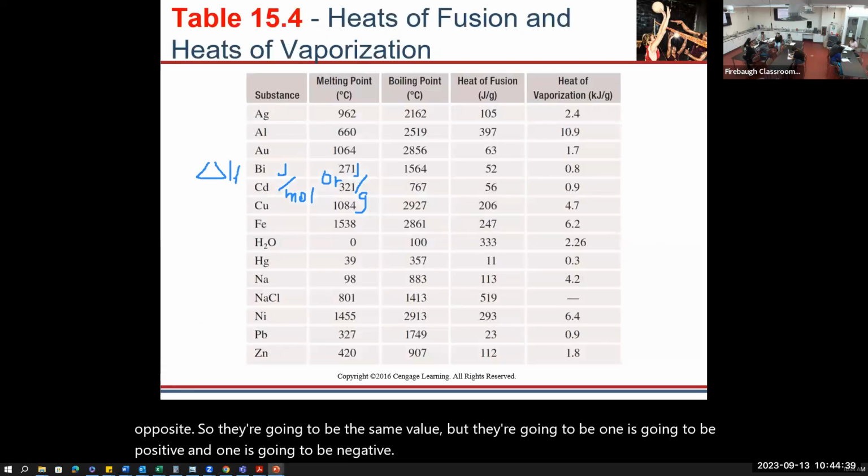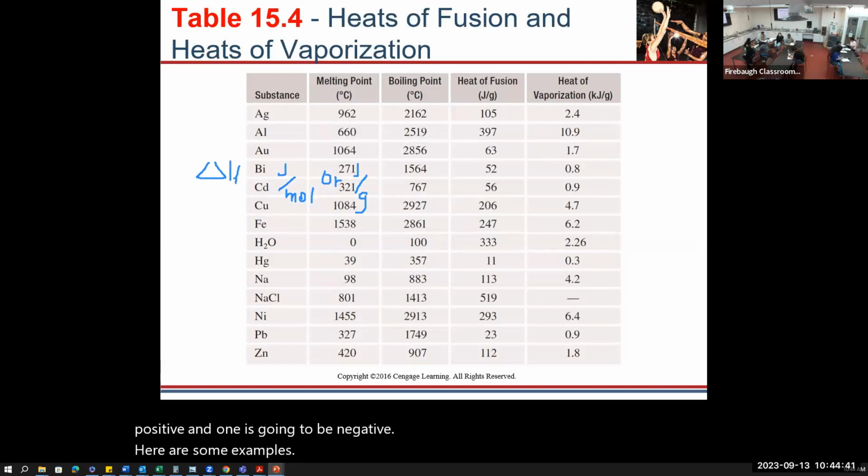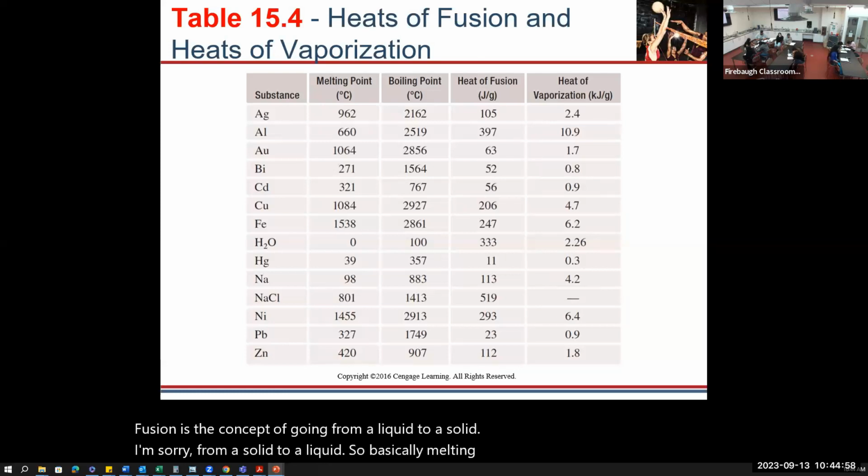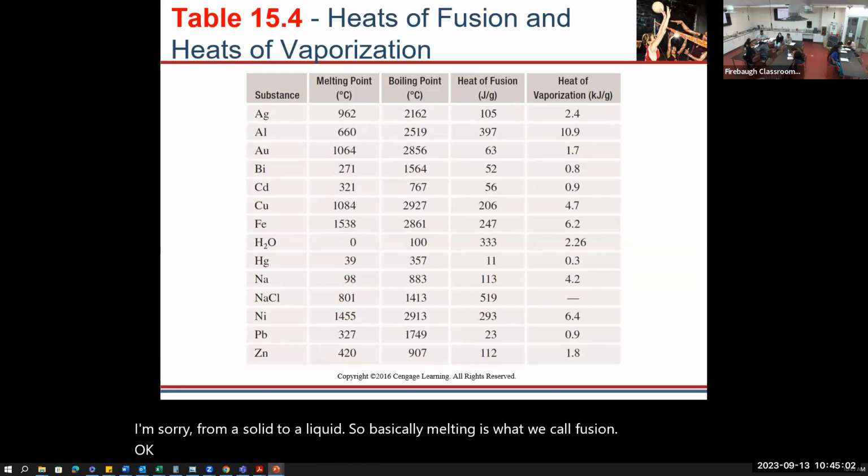Here are some examples. We have the heat of vaporization, and fusion is the concept of going from a solid to a liquid. So basically melting is what we call fusion. Heat of vaporization is going from a liquid to a gas.